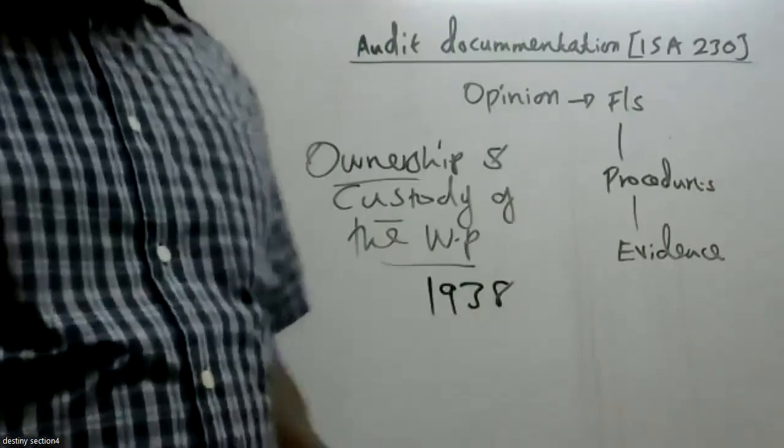So let's write something pertaining to this subtopic on the preparation and retention of audit working papers as required by the Companies Act, and also the provision of ISA 230.